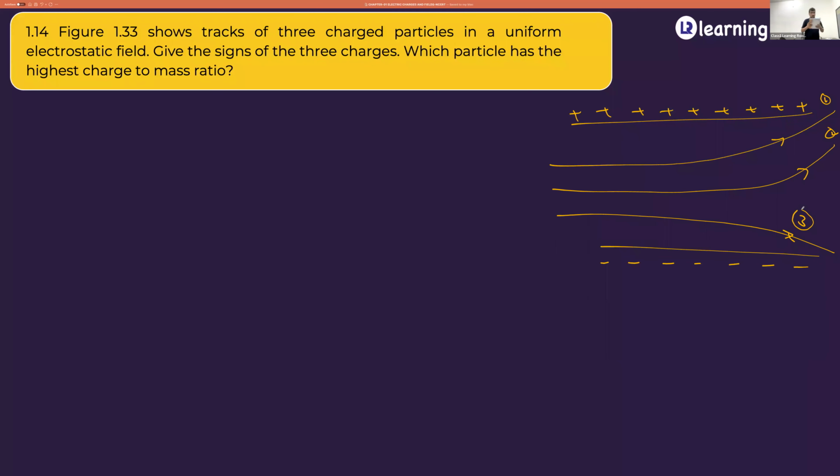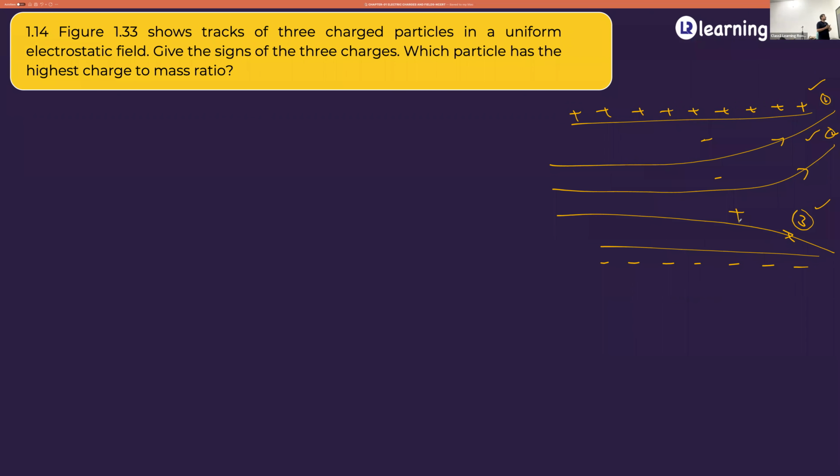Okay. Yeah, let's see. I didn't read the question yet. So figure 1.33 shows tracks of 3 charged particles in uniform electrostatic field. Give the signs of the 3 charges. So the first charge, second charge, and third charge. So first and second are negative, and the third one is obviously positive.